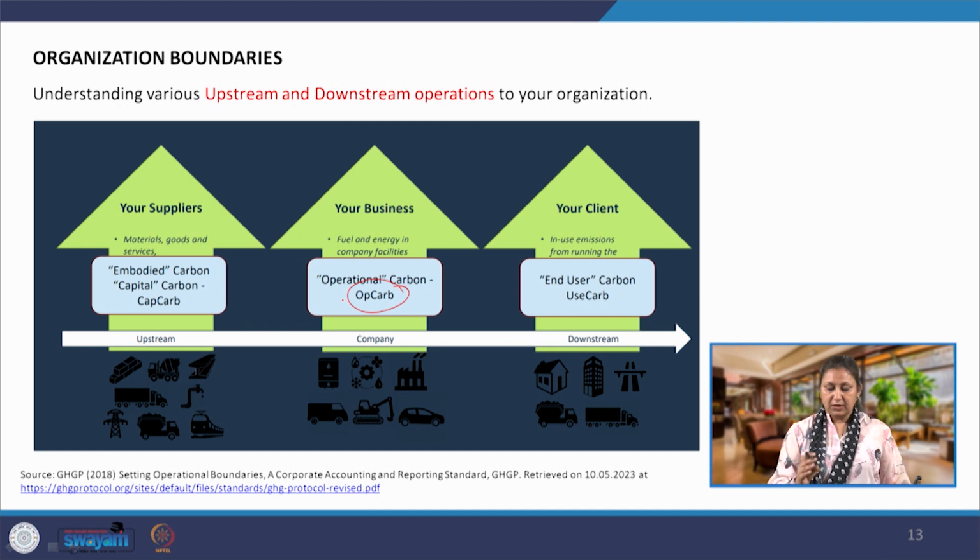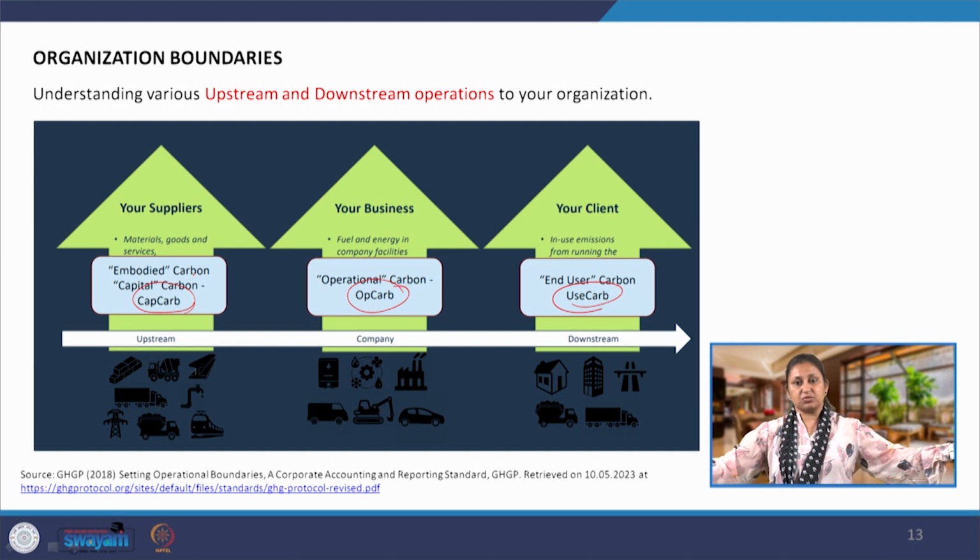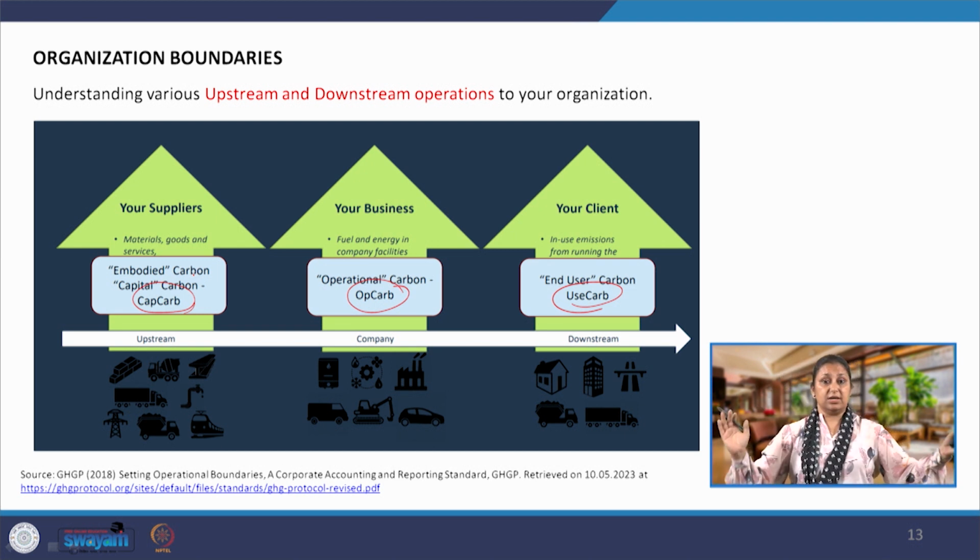Downstream, for example, are the in-use emissions, which we will call use carb. And there is the embodied carbon: when we are purchasing the raw material, or when the procurement is being done, that is the embodied carbon or the capital carbon, known as cap carb. All that together is actually the carbon footprint, or what we are here talking about as the GHG emissions. So, from upstream to downstream, all of it is part of the emissions or carbon footprint of the company.